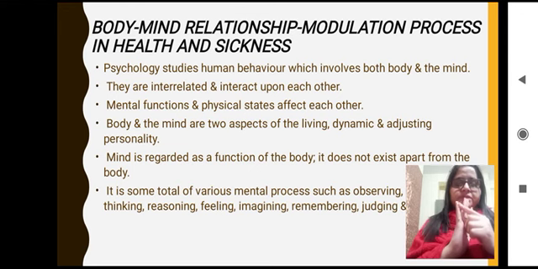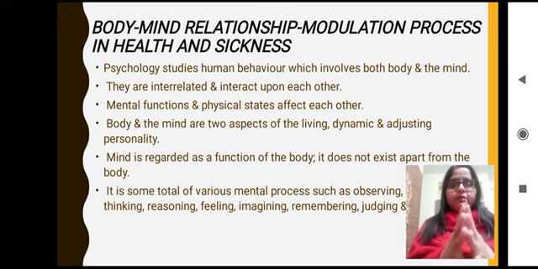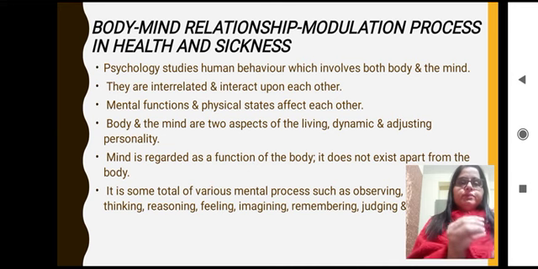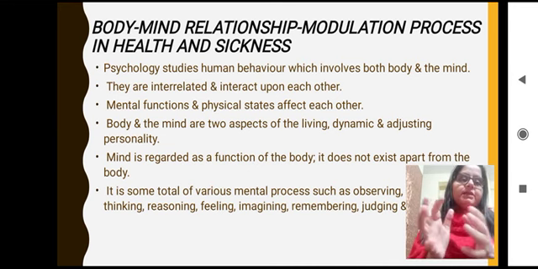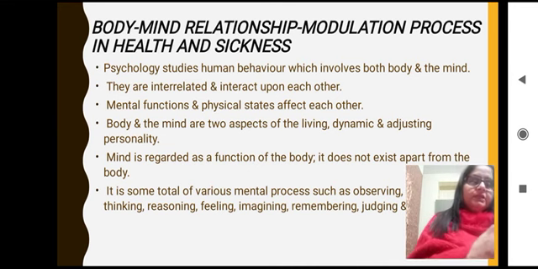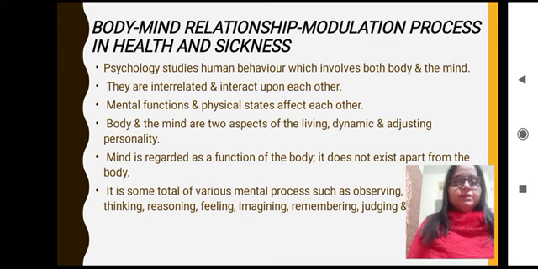Then we also discussed some examples to understand it better, how your body affects your mind and how your mind affects your body. Overall, we discussed how the body mind relationship modulates processes in health and sickness, in a positive way as well as in the negative way. So this is all about body mind relationship.